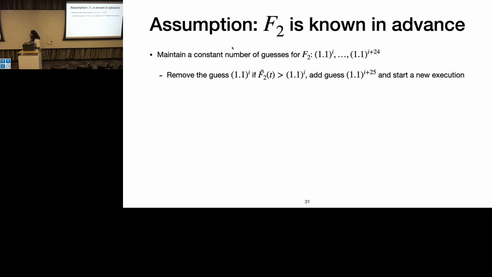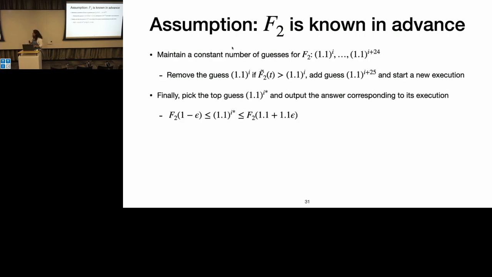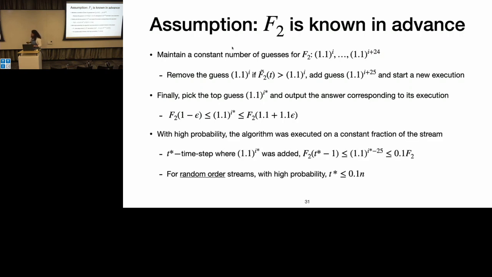Now what we do is, again, you can maintain a constant number of guesses for F2, and basically do the same argument. The catch is that at the point where your correct guess was made, the remaining F2 is only a constant fraction of the total F2. But when it's a random order stream, if you're looking at a point in the stream where the F2 value is a constant fraction of the entire F2 value, the stream length should also be a constant fraction.